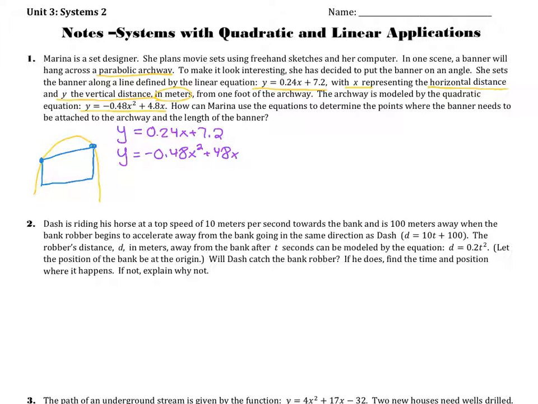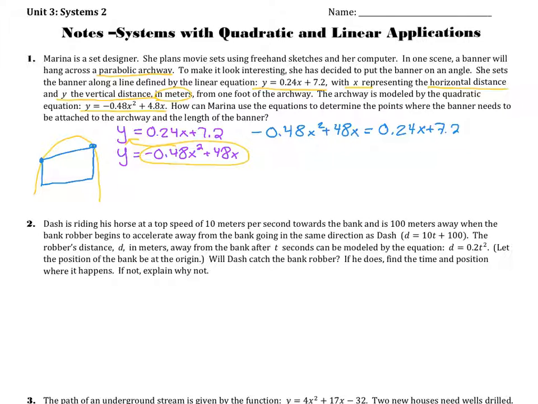So I'm going to use substitution. y is equal to this, so I'm going to substitute in for y. When I do that, I will get a new equation: negative 0.48x squared plus 4.8x equals 0.24x plus 7.2. Now, when I'm solving a quadratic equation, I want my quadratic equation to be equal to 0.